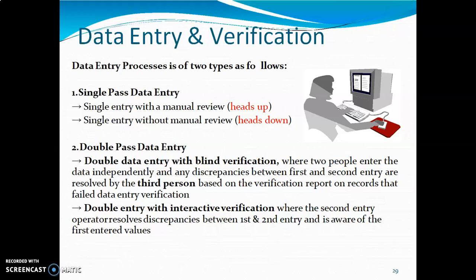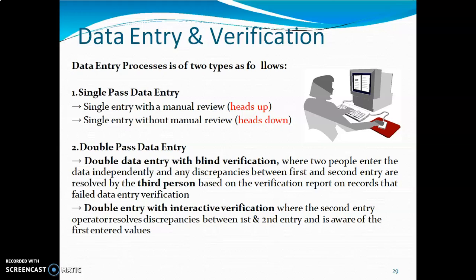This is called heads up. Then he will get a rectification and enter it. But it has some drawbacks also, like it is time consuming. Other than the advantage of high accuracy data, the entry process will be very slow because it takes a lot of time for querying. This is the heads up.